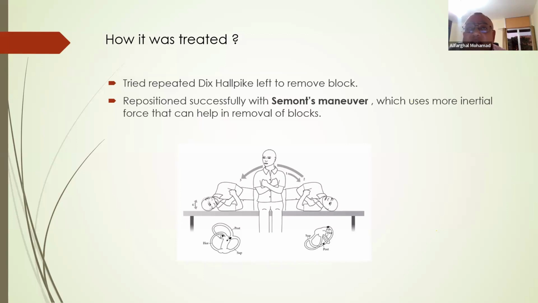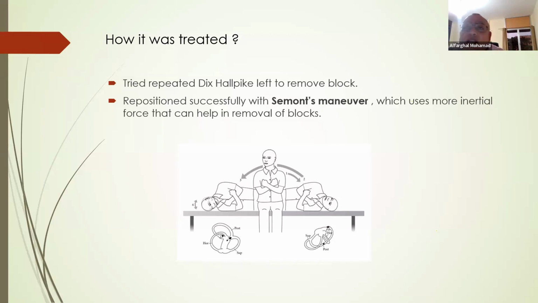Sometimes, in such cases, if there is whiplash trauma to the neck, I would like to use a more gentle maneuver like the Li maneuver to avoid overextension of the head. Multiple canals are more common, mixed canals or bilateral BPPV, that could be common.